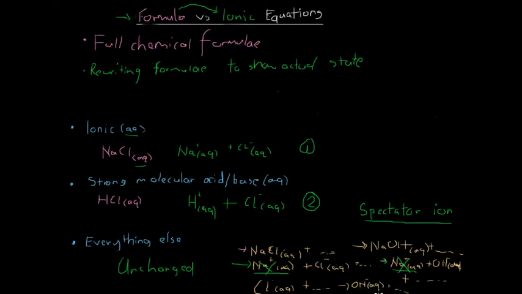We're just rewriting it, then checking to see if there are any spectator ions in the ionic equation. Then we cancel those out and rewrite what we have left, and that is the final and correct ionic equation. I'll do an example video so you can see how all this works.